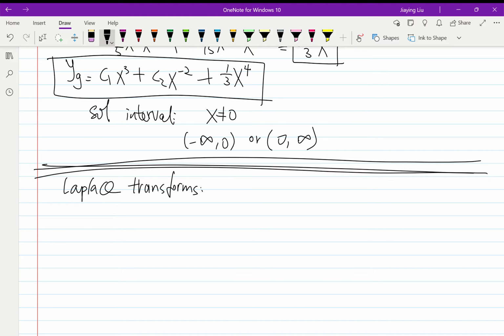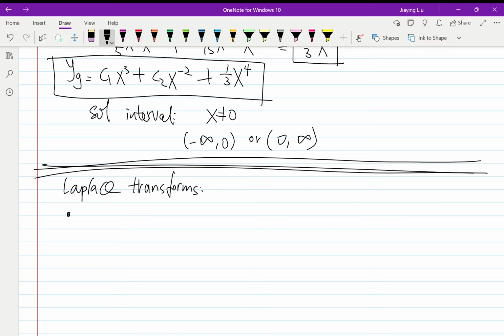The way I think about Laplace transforms is that we have functions f of t, and then we have a differential equation with y prime, y double prime, and f of t. The Laplace transform takes a function of t and converts it into a function of s that might be easier to integrate or to find the solution to the differential equation.